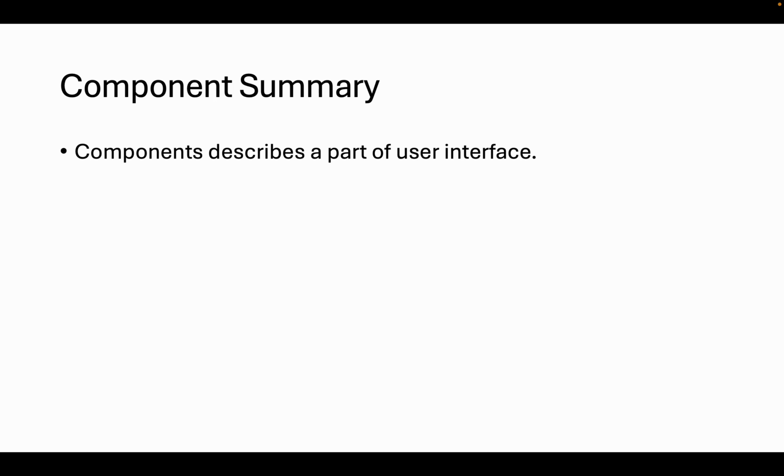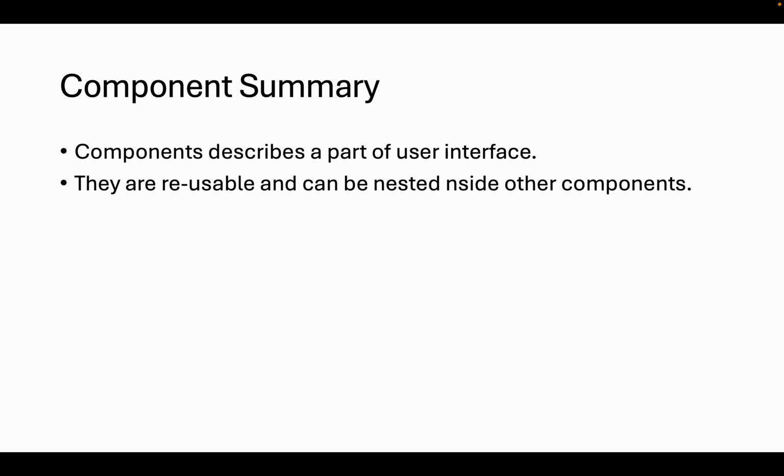So every component has a definition of a part of your UI. They are reusable, and one component can be nested inside another component. A component that contains another component is called a parent component, and the one coming inside it is a child component.